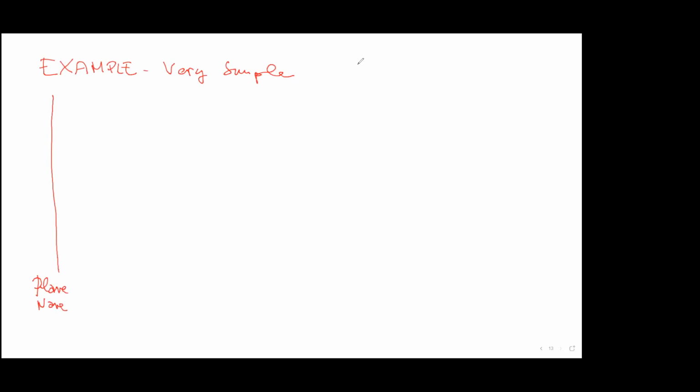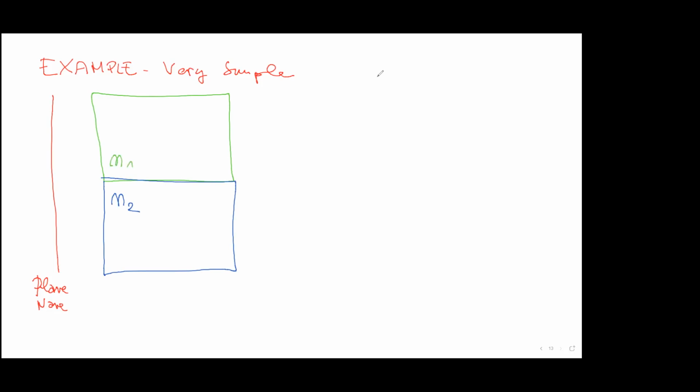And think that at a certain time, this plane wave accesses a region in which, on the bottom part, the refractive index is N2, and on the top part, the refractive index is N1.